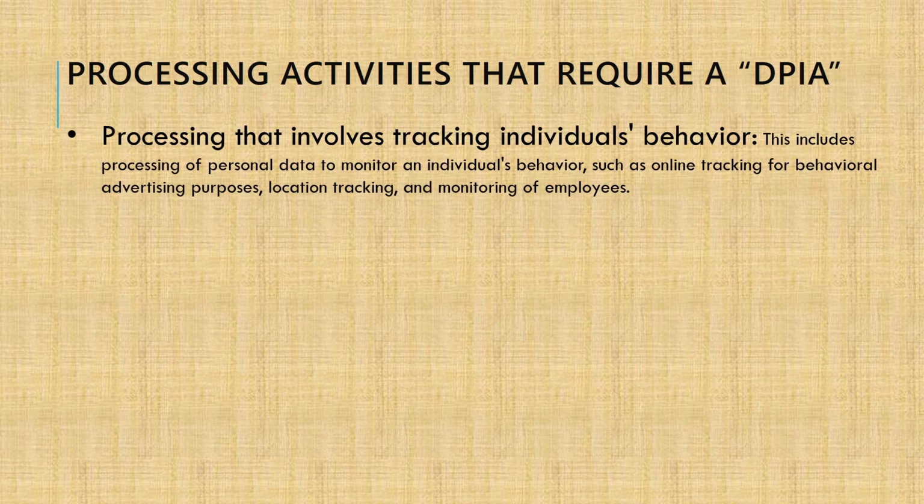Processing that involves tracking individuals' behavior. This includes processing of personal data to monitor an individual's behavior, such as online tracking for behavioral advertising purposes, location tracking, and monitoring of employees. I have a few examples. Employee monitoring.